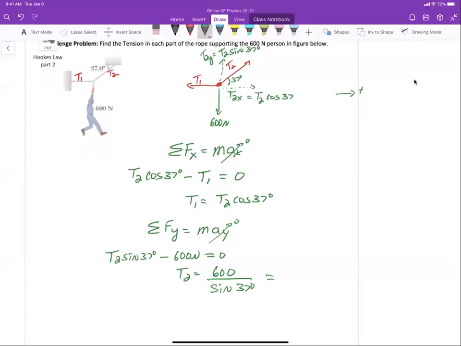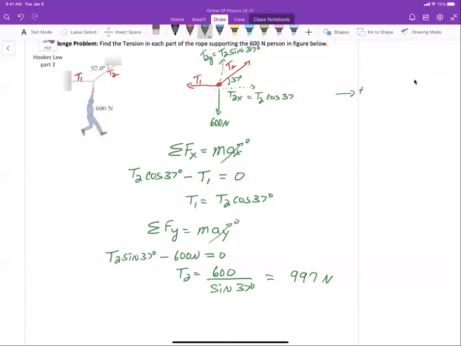Let's calculate that real quick. 600 divided by sine of 37. That is equal to, I'll say, 997 newtons.